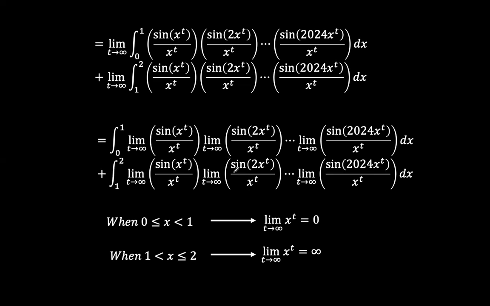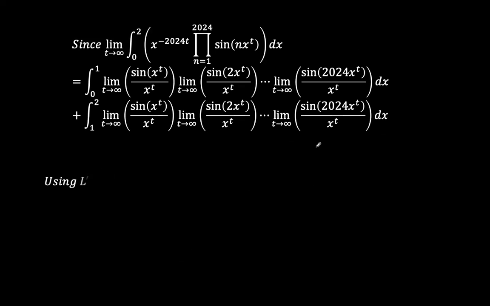Because the numerators at any point will just oscillate between -1 and +1. So this lower term here would be 0 times 0 times 0 times 0. So effectively, our integral reduces to only us focusing on the first integral. And we're going to make that a little bit more clear as we go along.